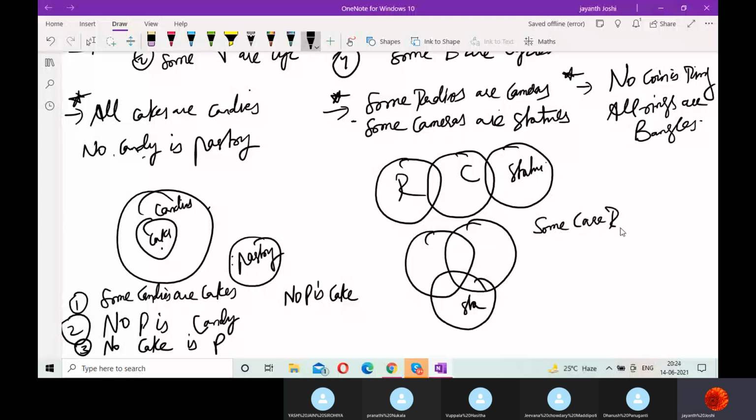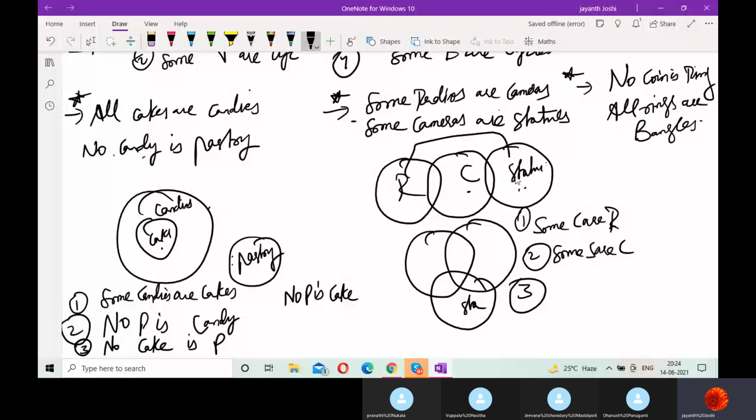Point number 2: some cameras are statues, some statues are cameras. No statue can be a radio, or some radios are statues, or no radio is a statue.